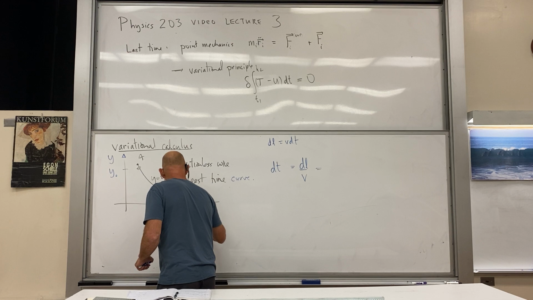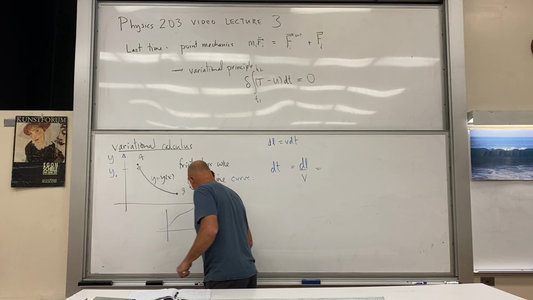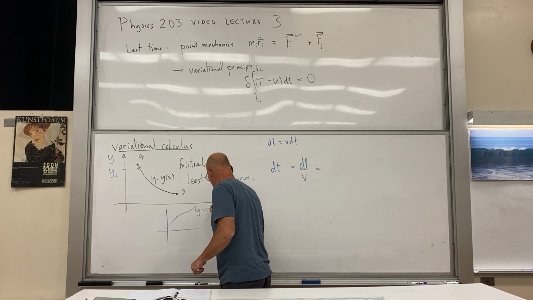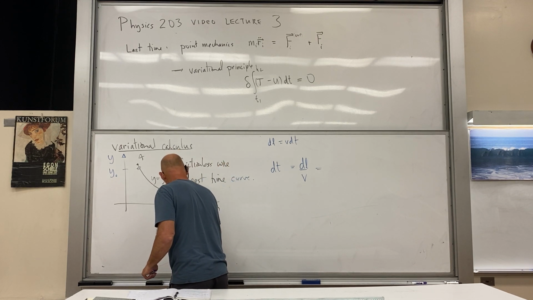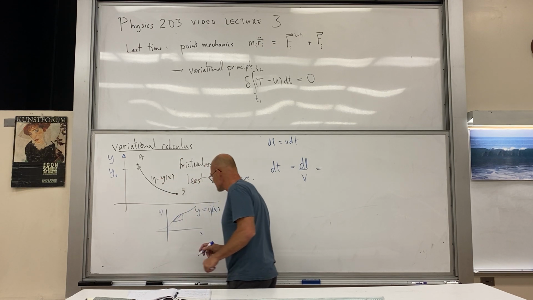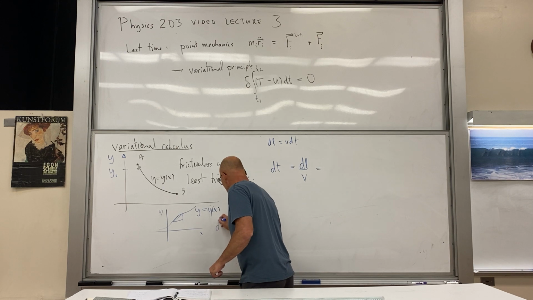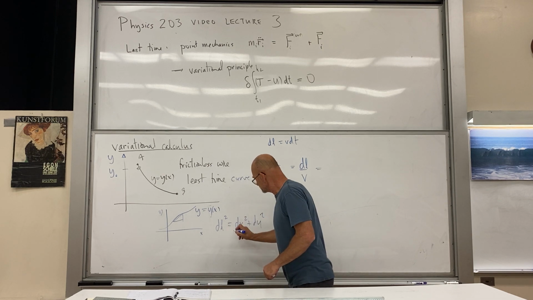So if we have some function y equals y of x, I'll just write y of x. And we have an x-axis and a y-axis, and we want a little length there. We can approximate it with dl squared equals dx squared plus dy squared.